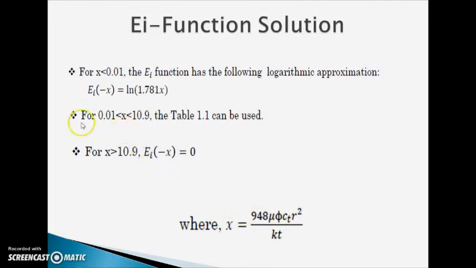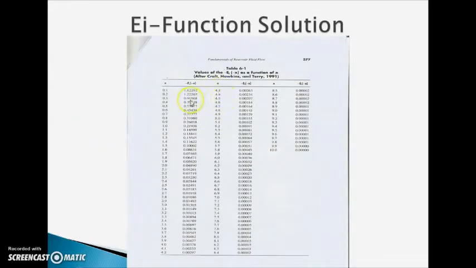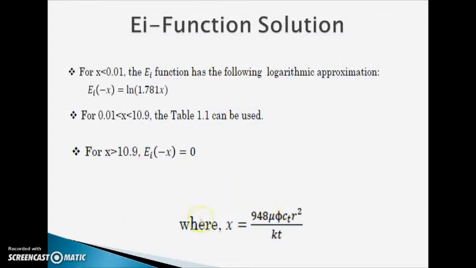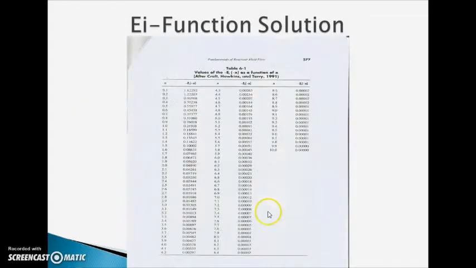Okay, and next is the second condition: X is between 0.01 and 10.9. If your X is between these numbers, you have to refer to the table that I'll be showing right now. This is your table. Let's say you got your X as 1.7.